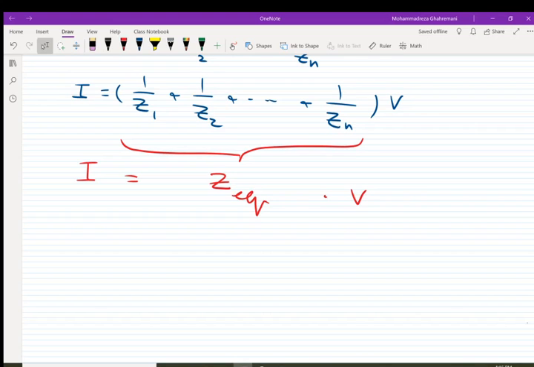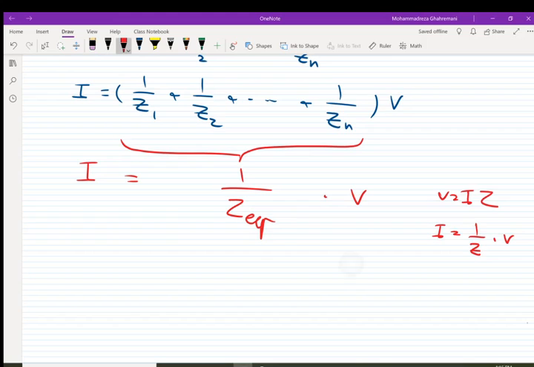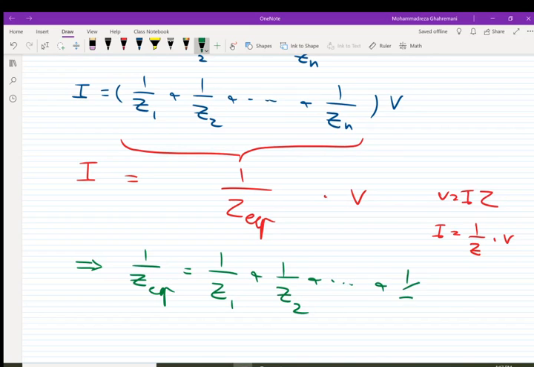Sorry. I is equal to 1 over Z equivalent times V, because V is equal to IZ, so I is equal to 1 over Z times V. Okay, so we can say 1 over Z equivalent is equal to 1 over Z1 plus 1 over Z2 plus 1 over Zn.